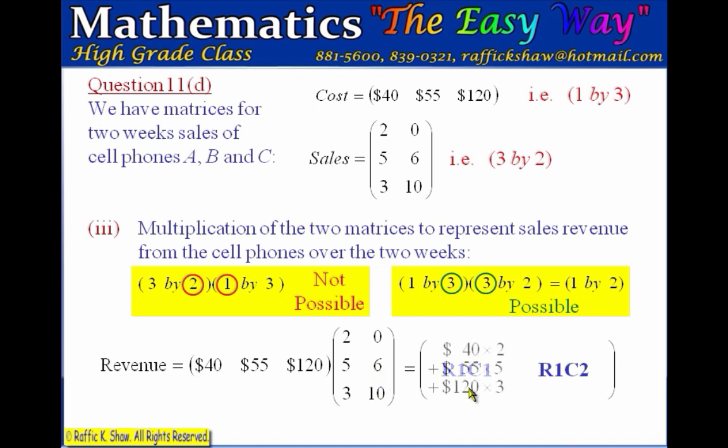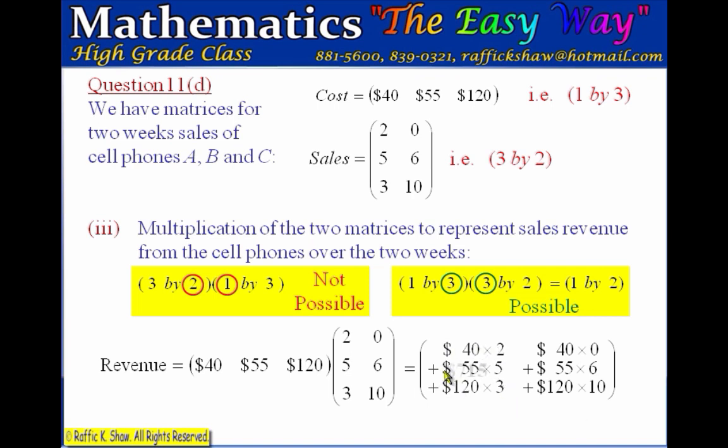And so the calculation for this element would be 40 multiplied by 2 plus 55 multiplied by 5 plus 120 multiplied by 3. And the element for here would be calculated by multiplying this row by this second column. And so it would be 40 multiplied by 0, plus 55 multiplied by 6, plus 120 multiplied by 10. And so this is how these figures would be calculated.